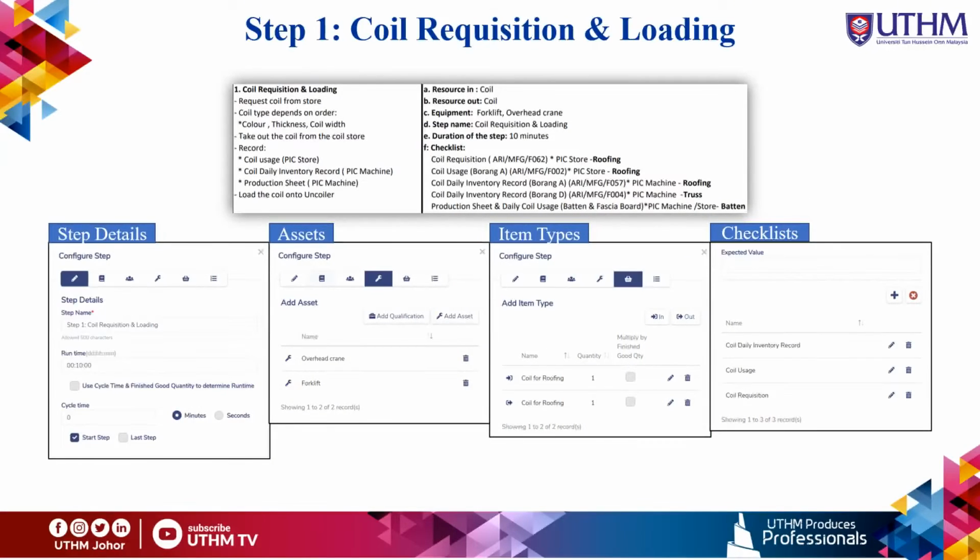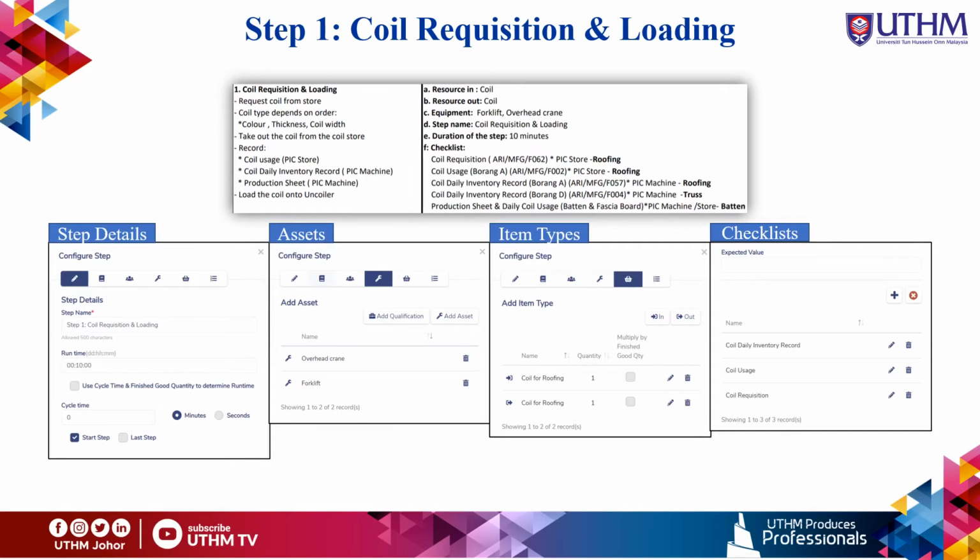For step 1, we call it coil requisition and loading. These are the things we have to do: request coil from store, and the coil type depends on order, color, thickness, and coil width.